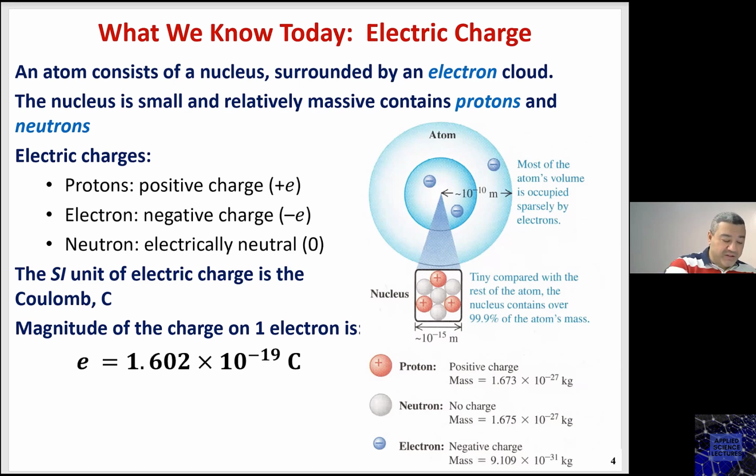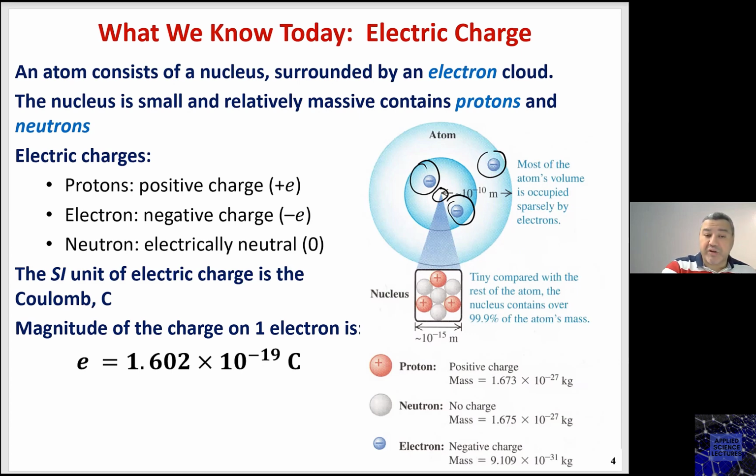So if we look at the structure of this atom, this is the nucleus inside that has the protons and the neutrons, while the electrons, as you can see, are floating around.